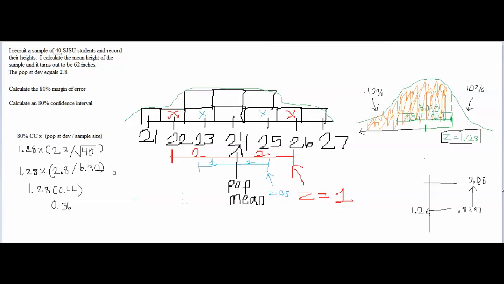Now what if we wanted an 80% confidence interval? We take our sample mean of 2.8 and we just add and subtract the margin of error, because that's what gives you a confidence interval. After adding and subtracting, we would have two numbers and we would say the 80% confidence interval goes from this number to this number.